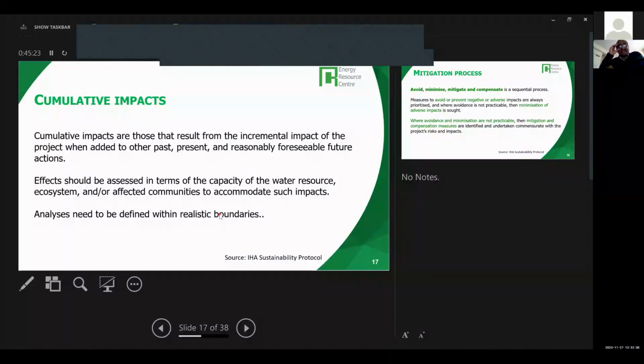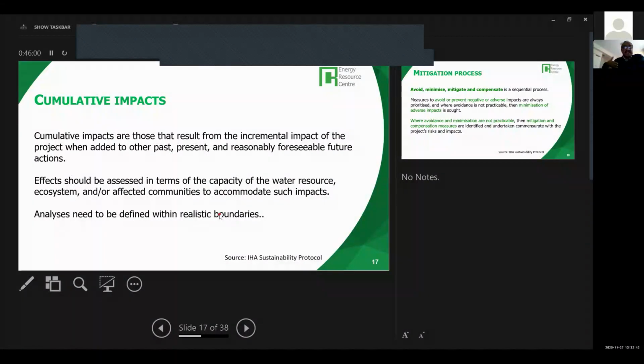And the other important part is you have to look at the cumulative impact that results from the project. These cumulative impacts are the incremental impact of the project when added to other past, present, or reasonably foreseeable future impacts. What we mean to say is there might already be an impact, and because of this project, the level of impact increases, and this level of impact can exceed the threshold of acceptability.